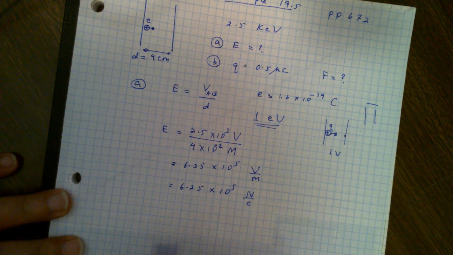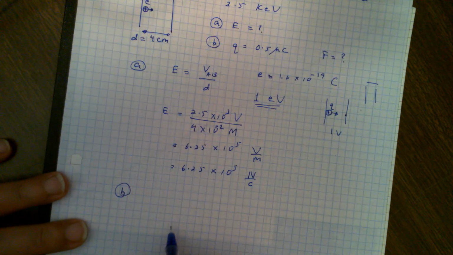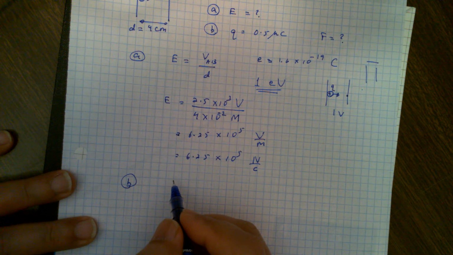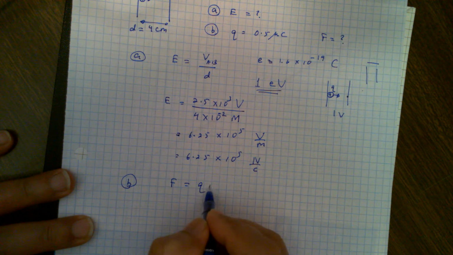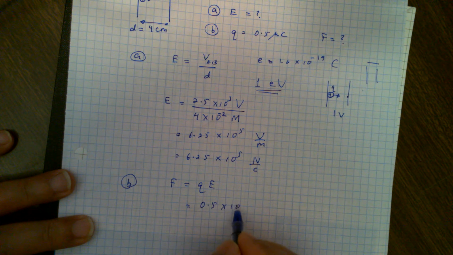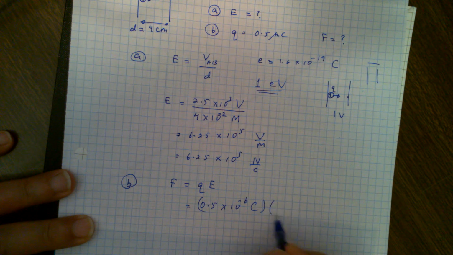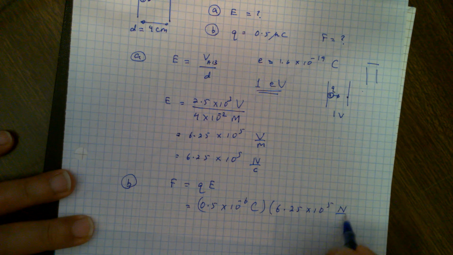And the reason I changed the unit, as you will see in a second, in part B, we want to know the force on the charge 0.5 microcoulomb, and force is equal to Q times E. And Q is 0.5 micro, which means 10 to the power negative 6 coulomb, and the electric field E is the one that we just found, 6.25 times 10 to the power 5 newtons per coulomb.